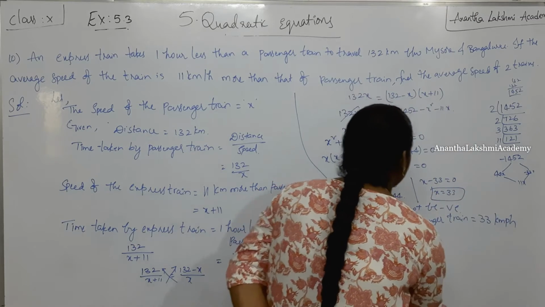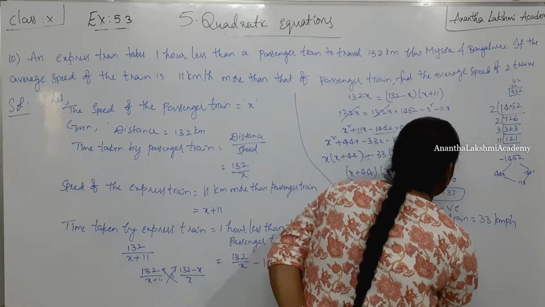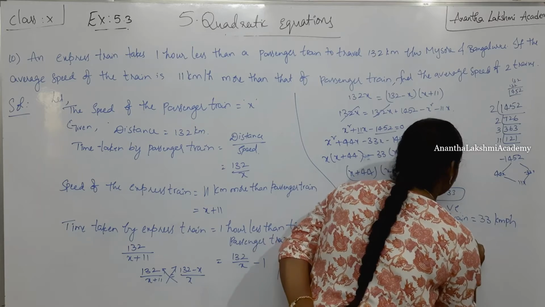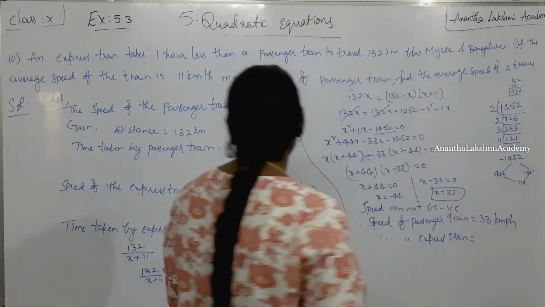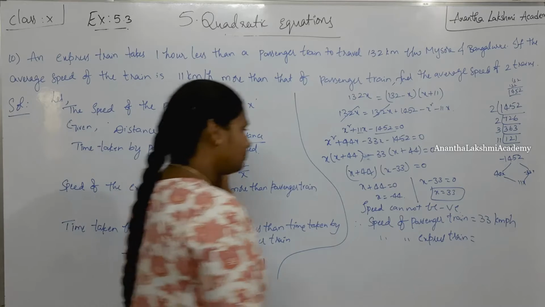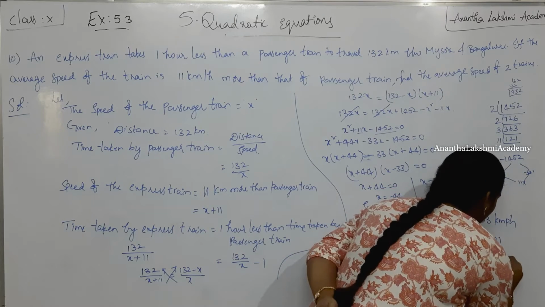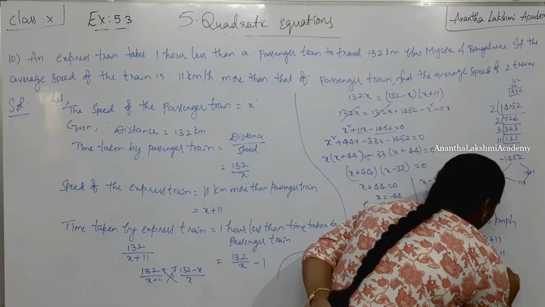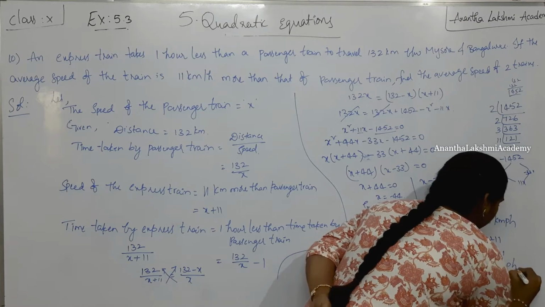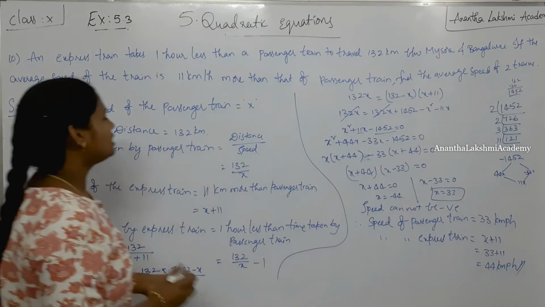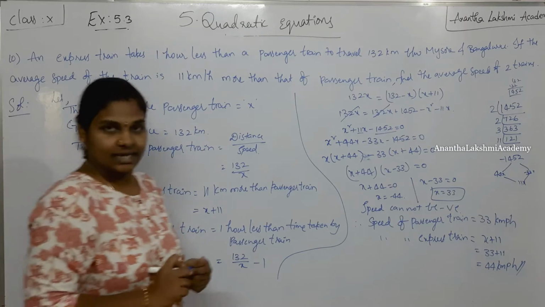Now, speed of the express train is nothing but x plus 11. So that is nothing but 33 plus 11, which is 44 kilometers per hour. So that is about problem number 10.